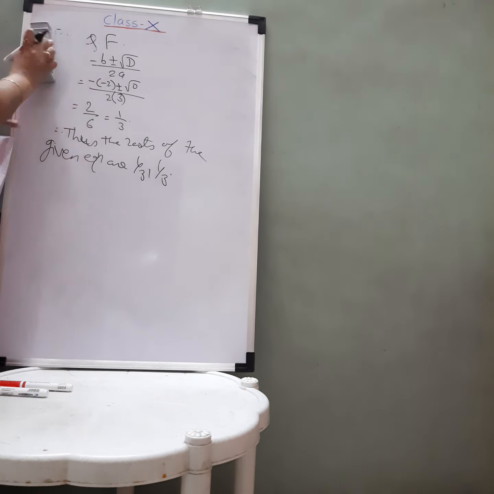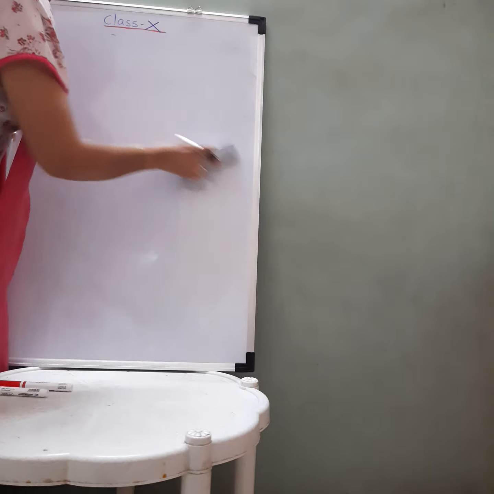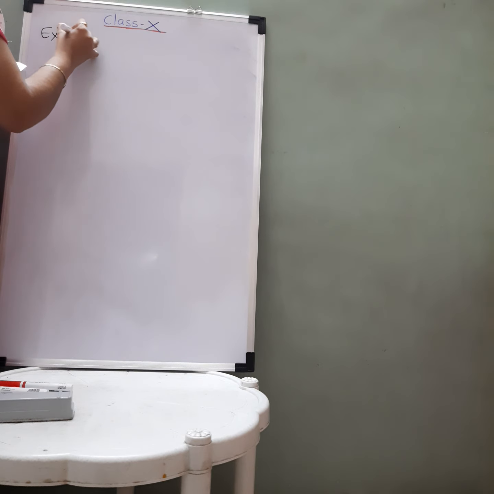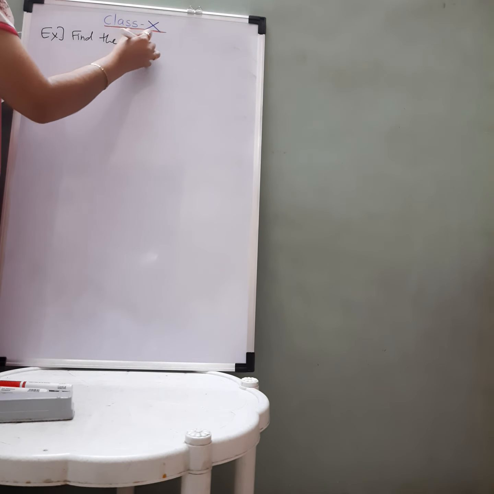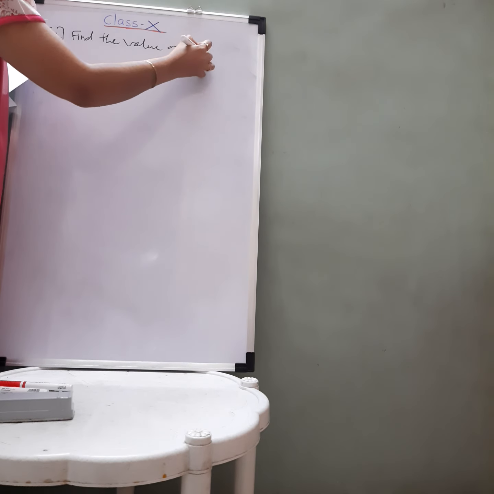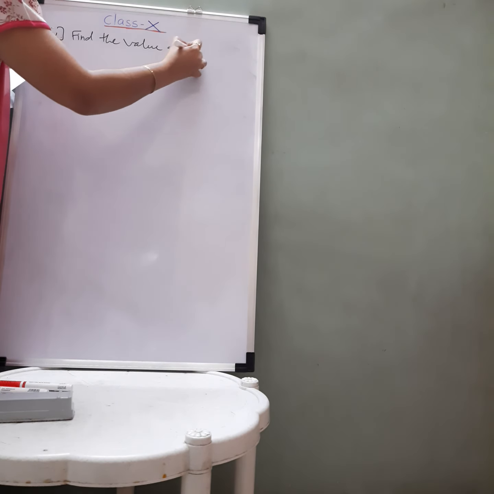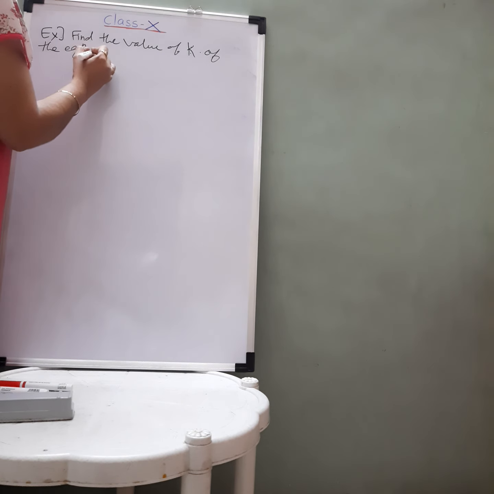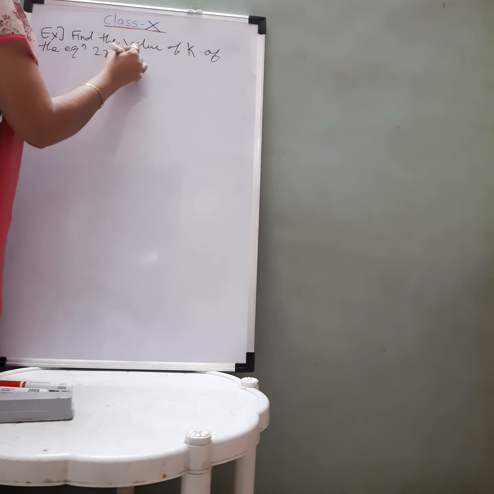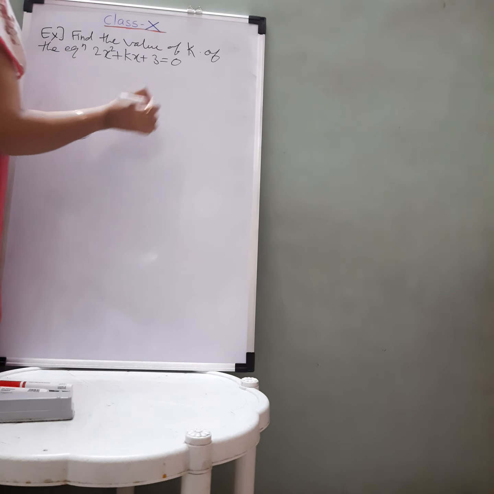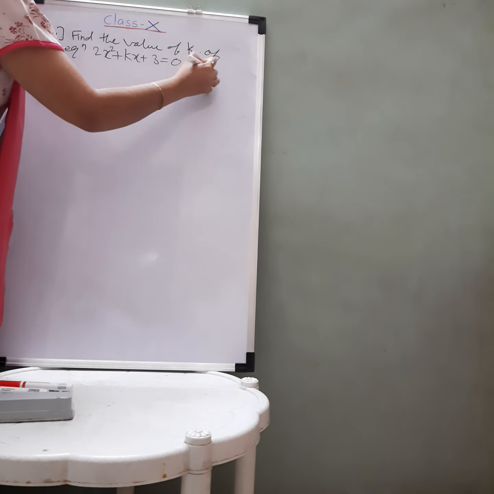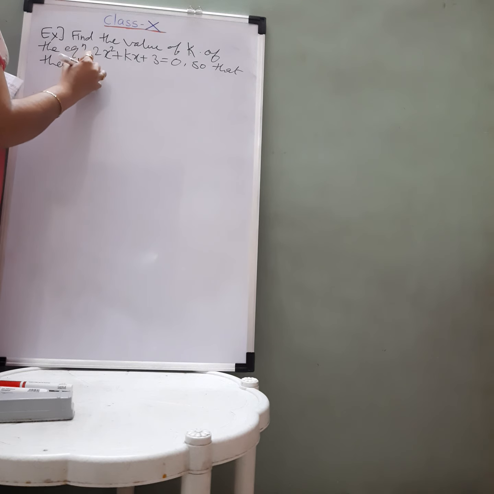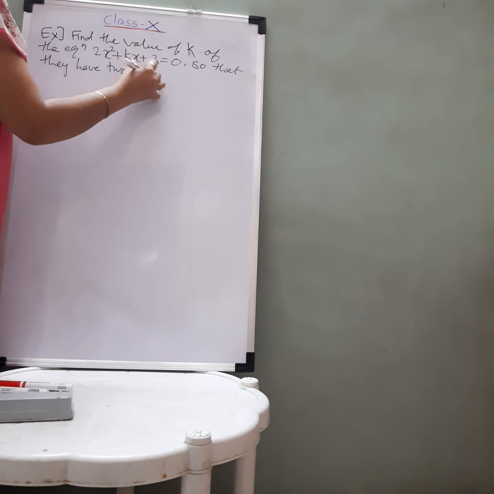The next example is, find the value of k of the equation 2x square plus kx plus 3 equal to 0, so that they have two equal roots.